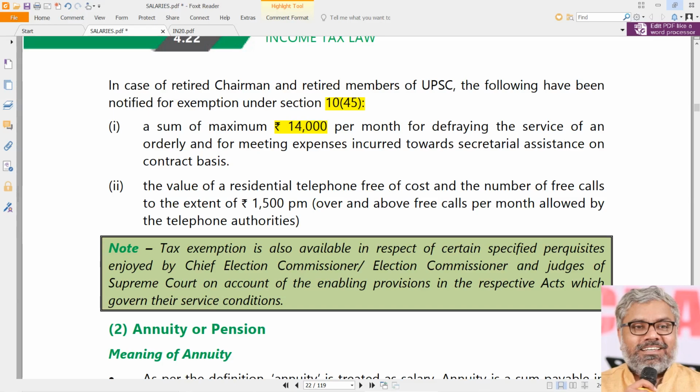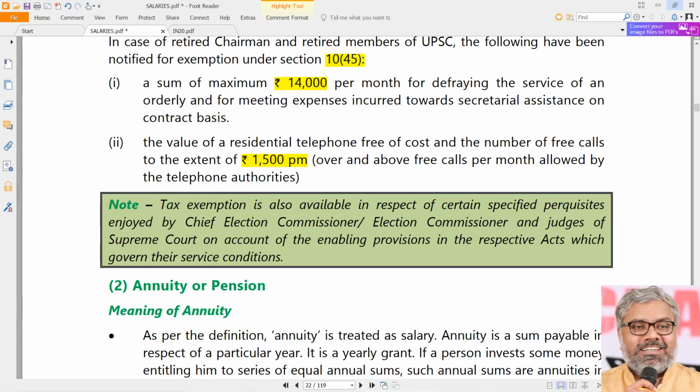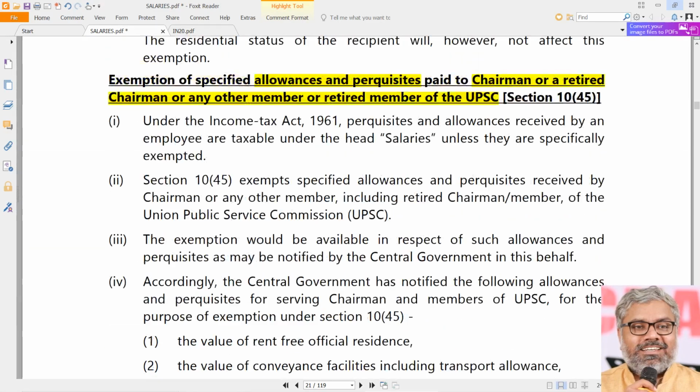In the same way, free phone calls also up to 1,500 per month. Nowadays it is outdated anyway, but still those are exempt. For UPSC retired chairman and retired members, no need of remembering it specially. But particularly for MCQs, you can remember this 14,000 per month as exemption, right? So that is about a special case, not a normal SSE.